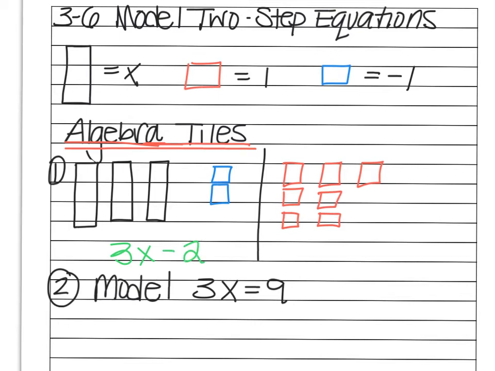Whenever you have that line, that is your equal sign. And we have to count here, but we have 3, 4, 5, 6, 7 red tiles. So this is going to equal +7. So that would be our algebraic equation using algebra tiles.